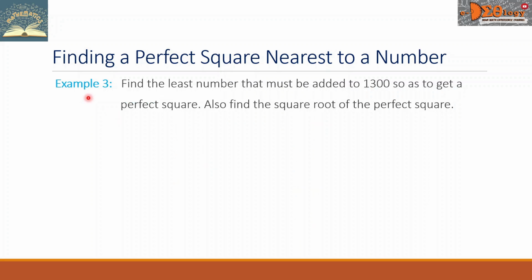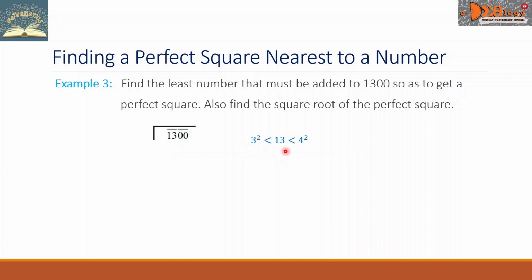Example 3. Find the least number that must be added to 1,300 so as to get a perfect square. Also find the square root of the perfect square. Let us do the division method to get the square root. Then we put the bars. Notice that in the first bar, the number is 13.